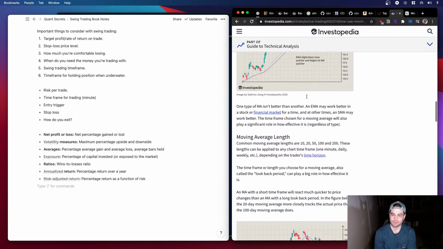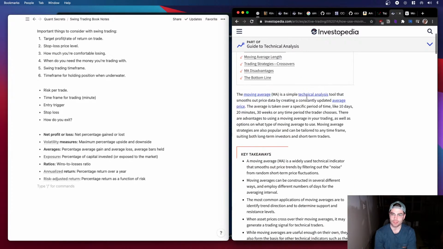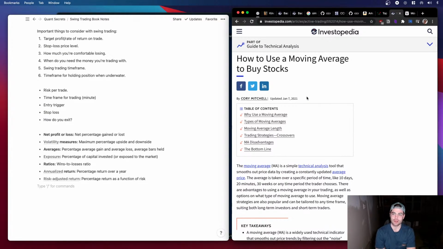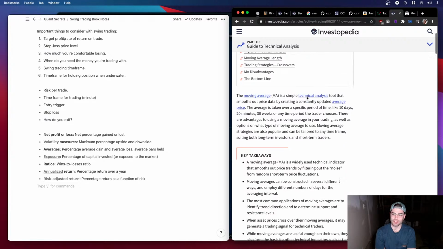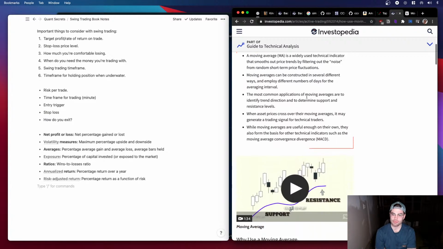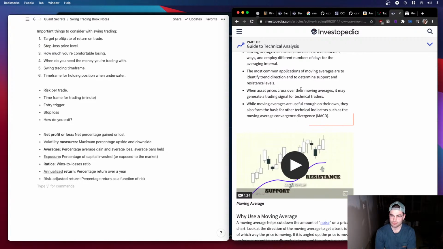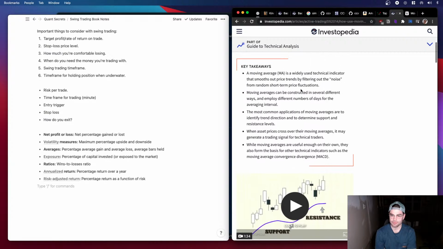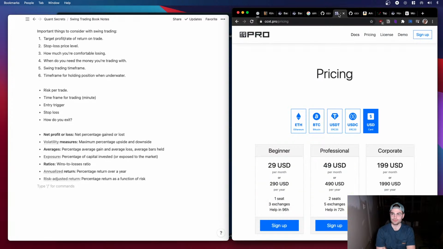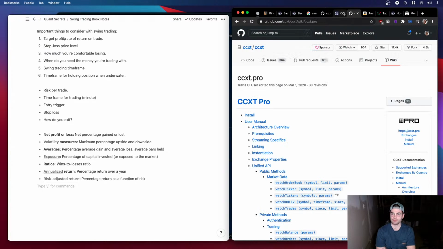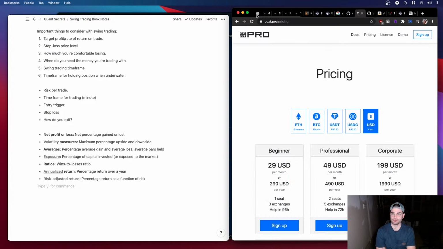Okay. I'll start with a moving average. When asset prices cross over the moving averages, it might generate a trading signal for traders. That makes a lot of sense.